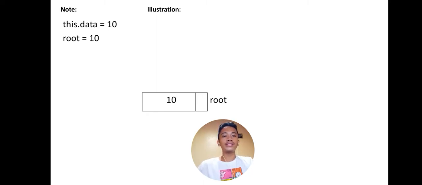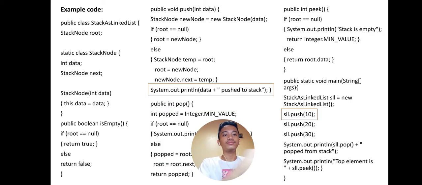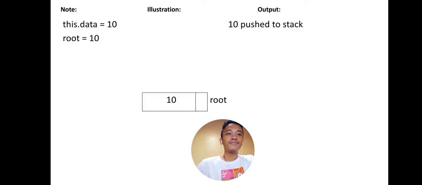So our stack or our node now has the value 10. Next, we need to System.out.println data plus push to stack. We know that our data value is 10, so the output would be 10 push to stack.